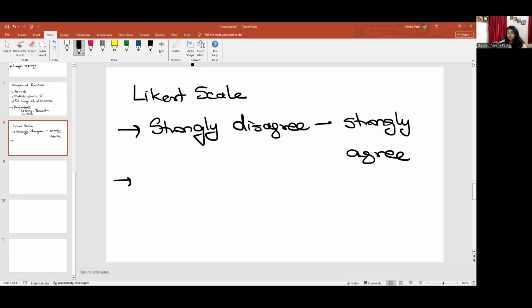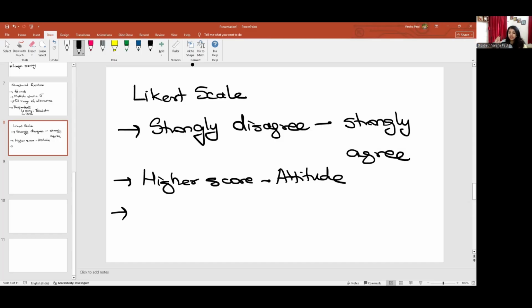If you read papers, you will understand. The higher score denotes a favorable attitude, so a higher score gives you a more favorable attitude. A respondent will usually give the score that is the highest according to the attitude.